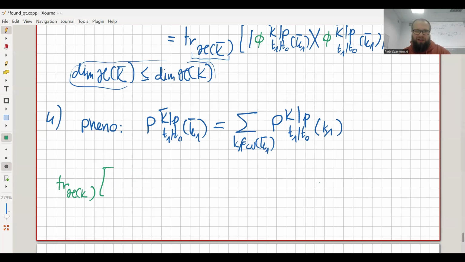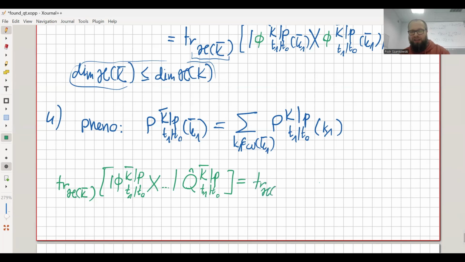sorry, let's write coarse-grained first. This also means that the same relation holds for our Hilbert space representations: T1, T0 equals, and on the right-hand side we have the trace over K, in the bigger Hilbert space, and here we can write K1 in omega K1 bar.